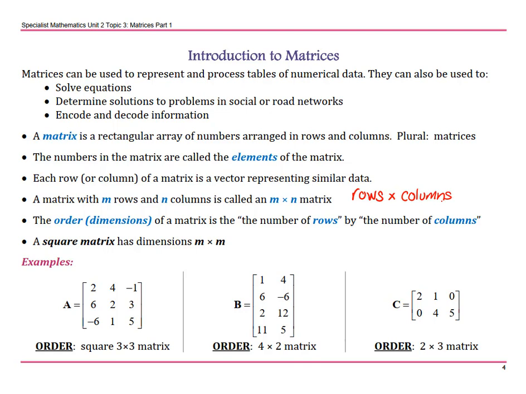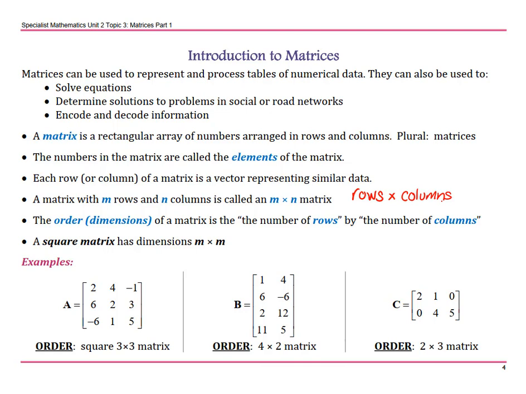Now, the order or dimensions of a matrix is the number of rows by the number of columns. So a square matrix has dimensions m times n where m equals n. Some examples are at the bottom here. The first one is a 3 by 3 matrix, 3 rows, 3 columns.